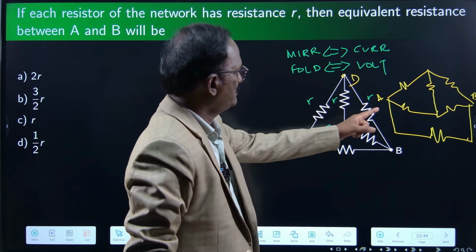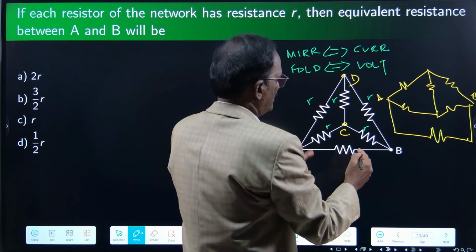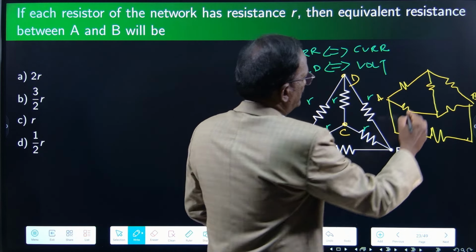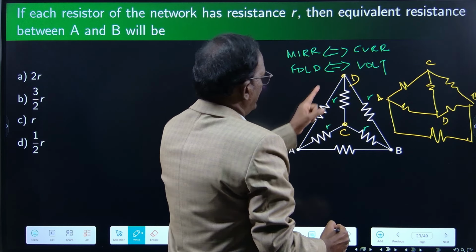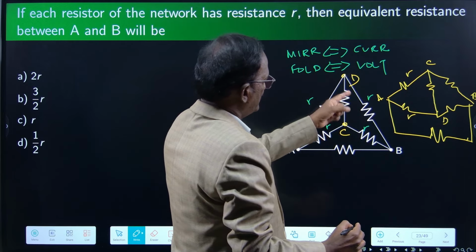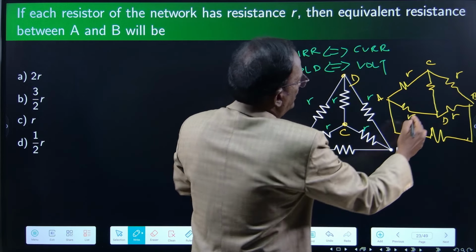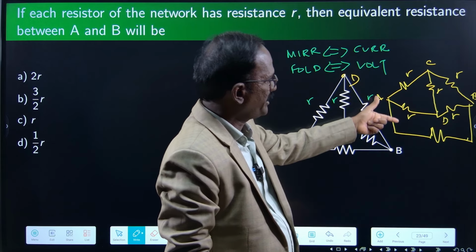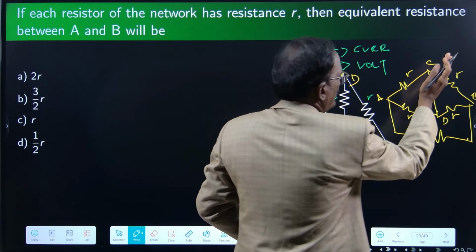Let me write the values here itself. This is C and this is D. Between A and C, A and D, A and C, A and D, B and D, B and C, all are R. C and D are also R. So P by Q is equal to R by R. Yes, balanced one, so we can remove it.